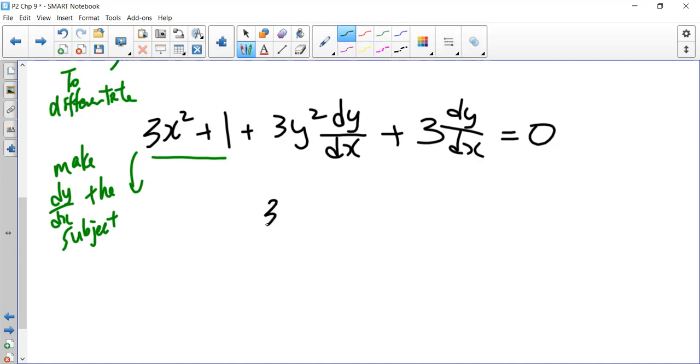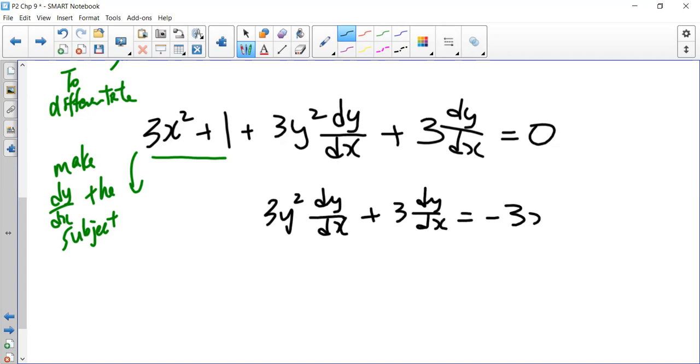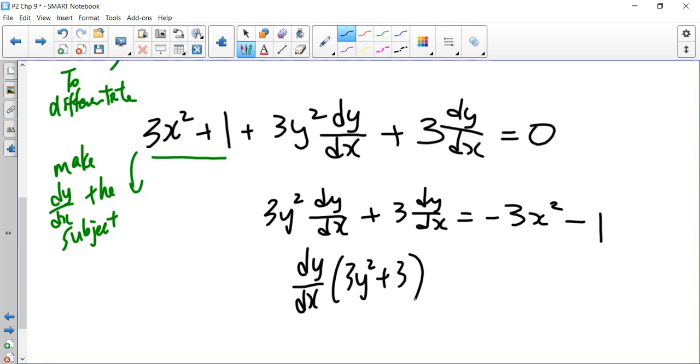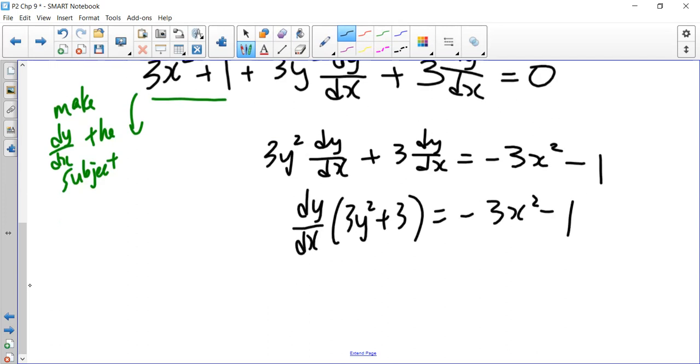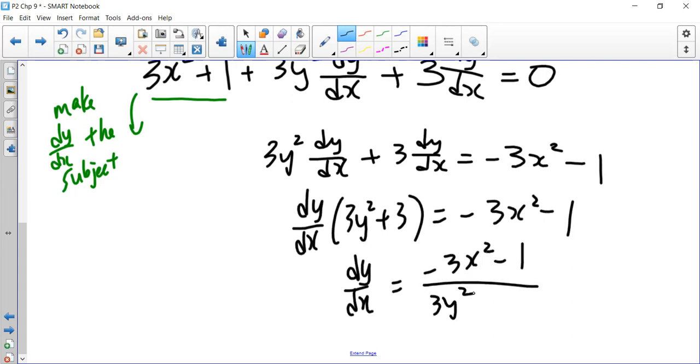That gives me 3y squared dy by dx plus 3 dy by dx equals negative 3x squared minus 1. Then factorize the dy by dx out. You get dy by dx times 3y squared plus 3 equals negative 3x squared minus 1. Divide that bracket over, so dy by dx equals negative 3x squared minus 1 over 3y squared plus 3. And voila, that's done.